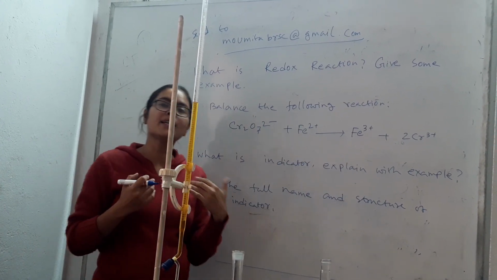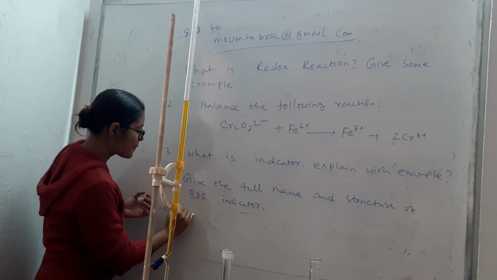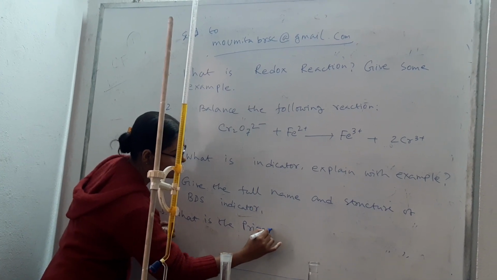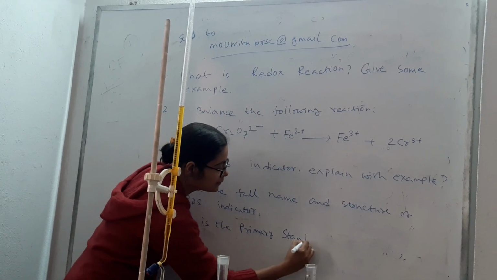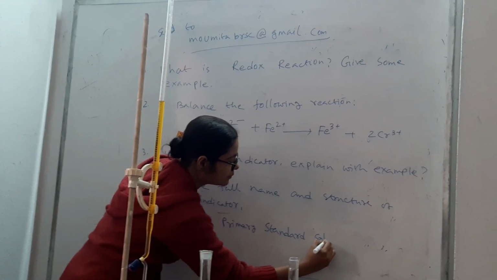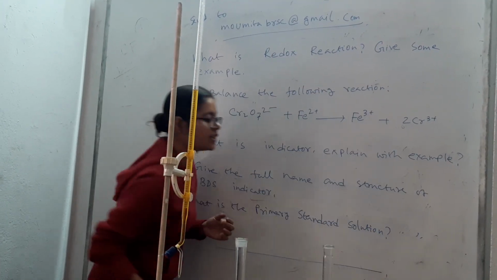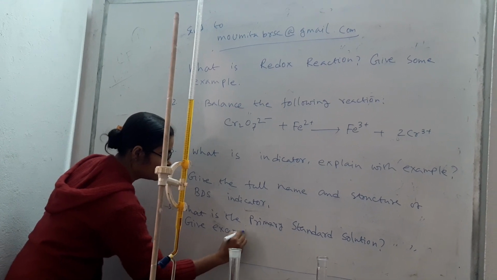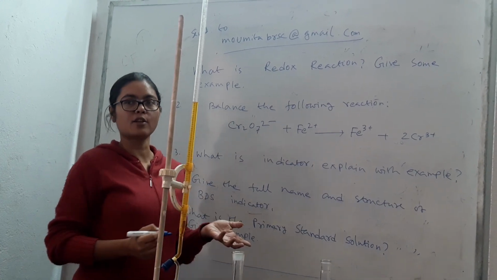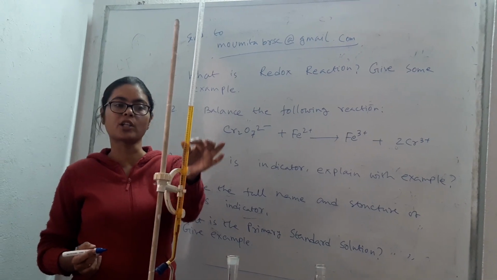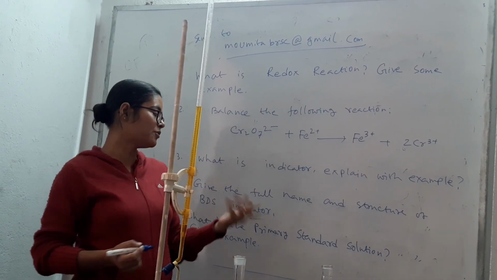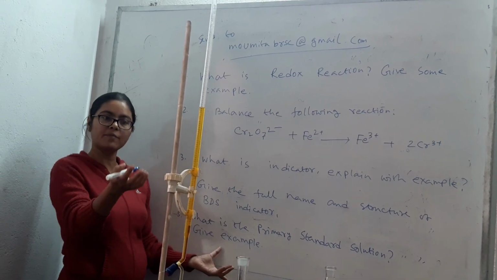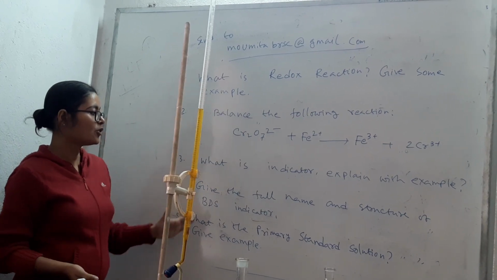What is a primary standard solution? Give example. Okay. I am using a primary standard solution here, that is potassium dichromate. Here potassium dichromate is the primary standard solution. So you have to find out what a primary standard solution is and give some example except potassium dichromate. This is the questionnaire for you.